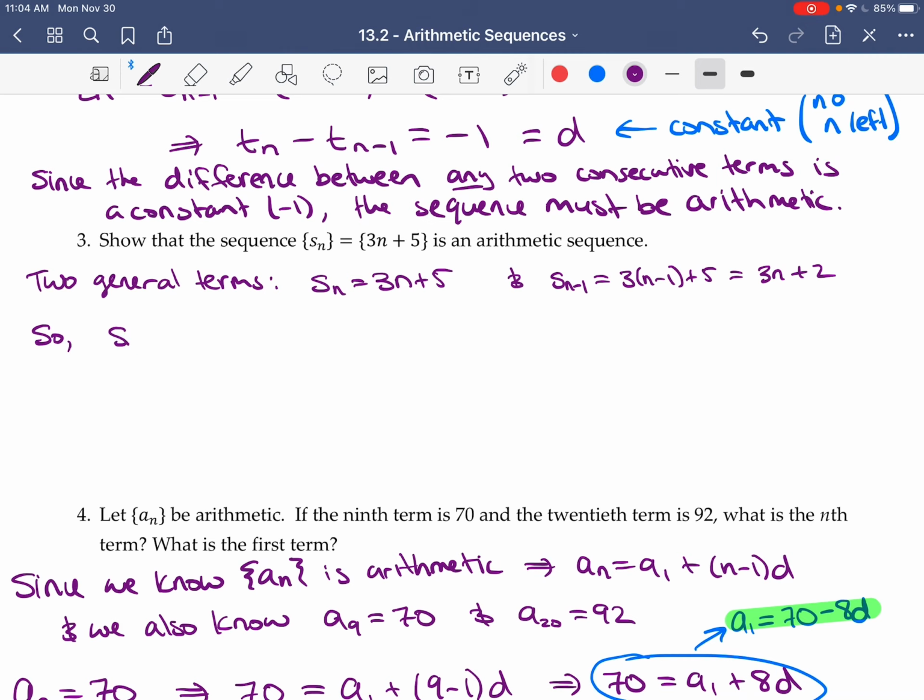So s_n minus s_(n-1) is going to be 3n plus 5 minus (3n plus 2). So that's 3n plus 5 minus 3n minus 2. The 3n's cancel out, and 5 minus 2 is 3. So this is a constant.